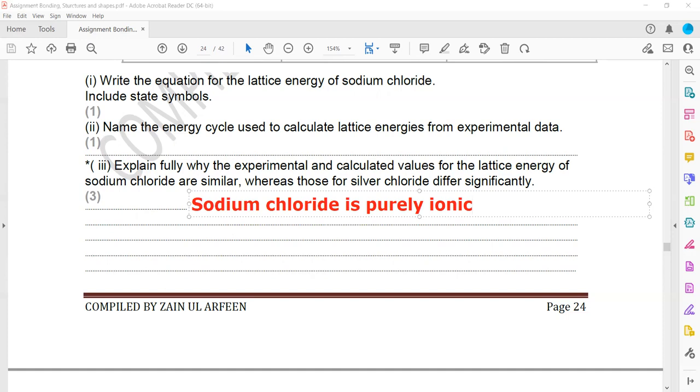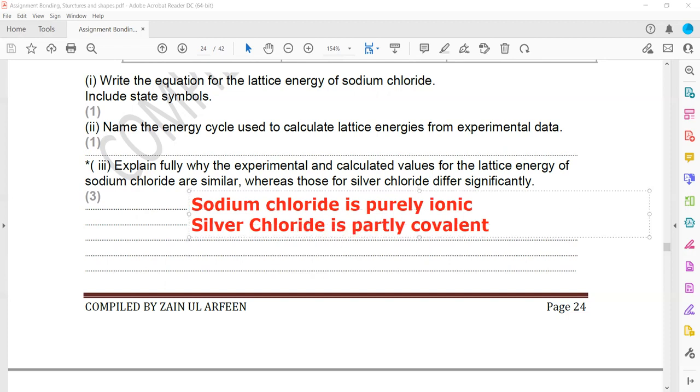But what happened in silver chloride is that it is partly or partially covalent. And why is it covalent?